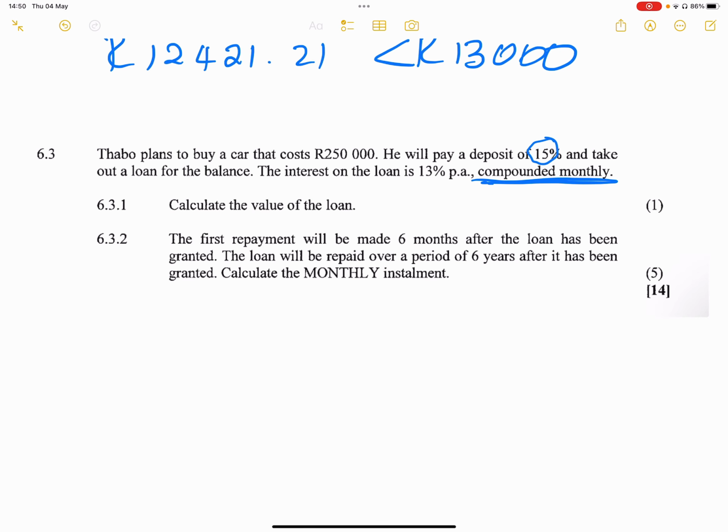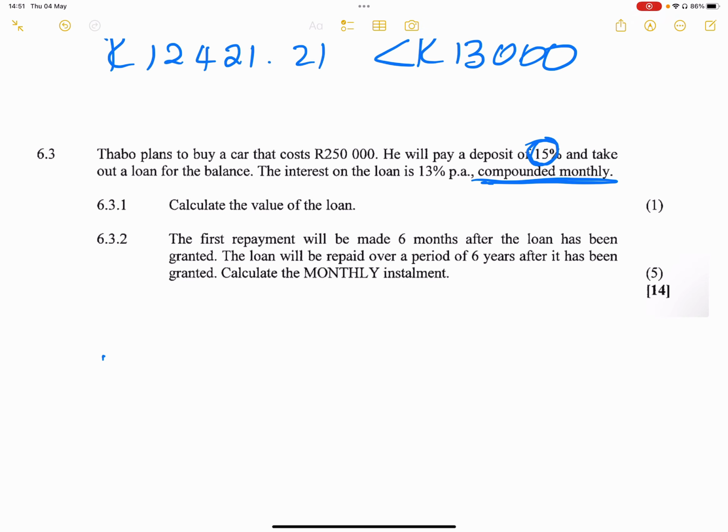So obviously, the value of the loan will be what will be left after Tino has paid the 15% deposit. What we need to find out is the value of the loan. Remember, the 15% he paid cash, so what is left as the loan is 100% minus the 15, which is going to be 85%.